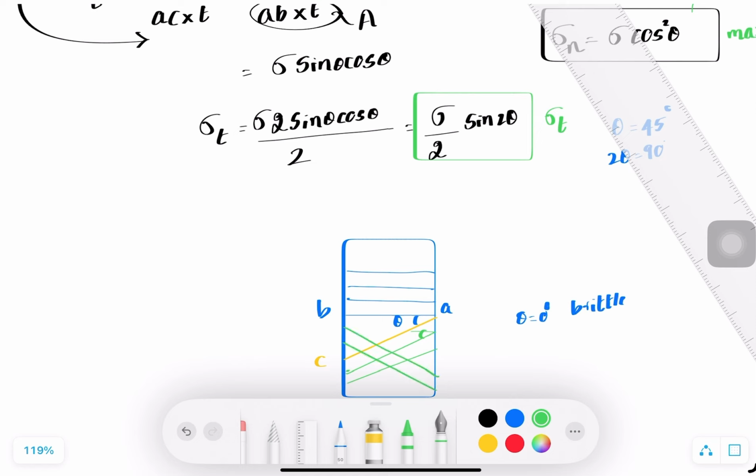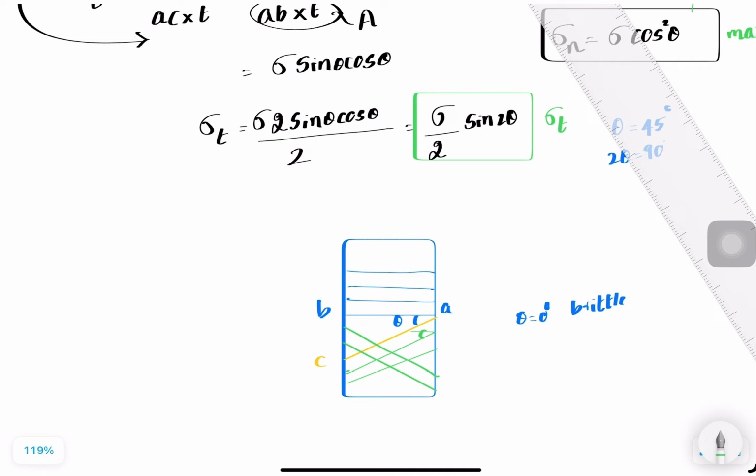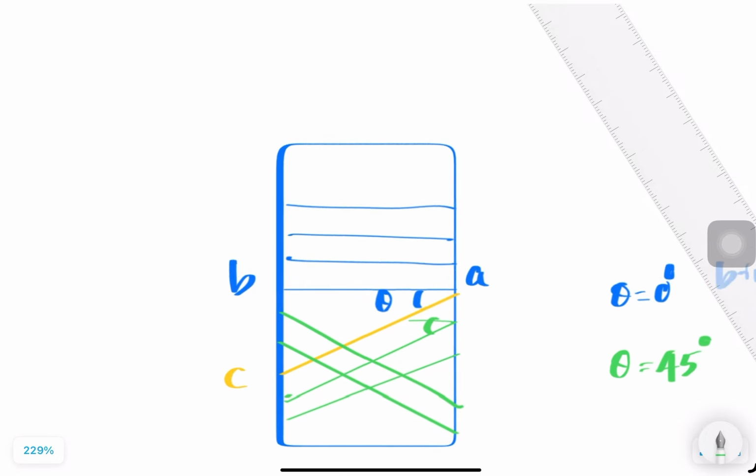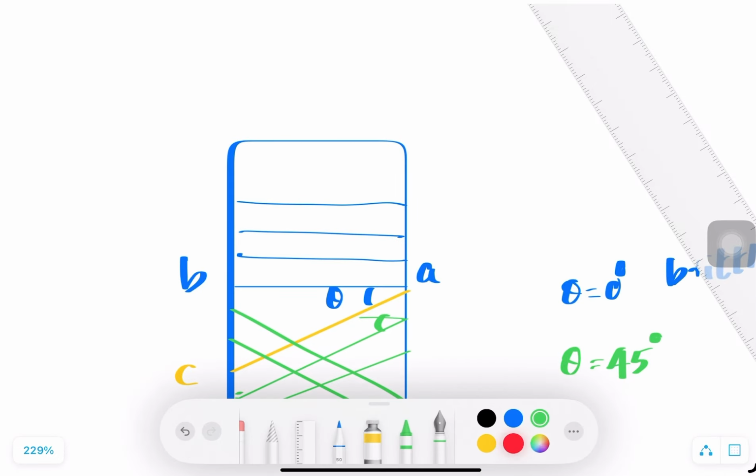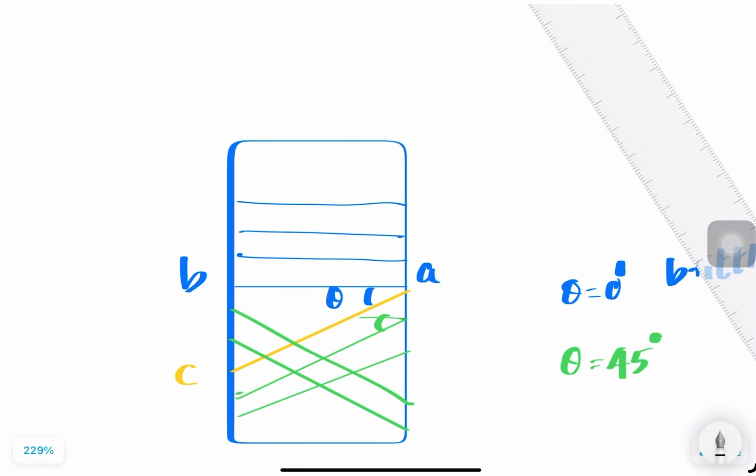Which means that brittle materials always fail at an angle of 0 degree, and ductile materials always fail at an angle of 45 degree. So let us say the material is going to fail here at an angle of 45 degree, which means there is a necking that should form like this.